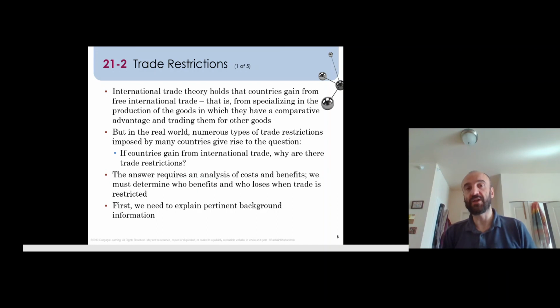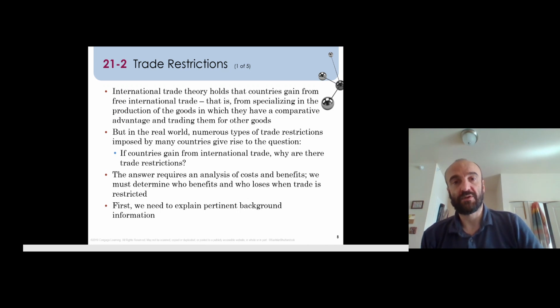So international trade theory is essentially this claim that specialization is good because it allows countries to profit by trading surpluses of goods they produce for the surpluses of other goods that other countries produce.